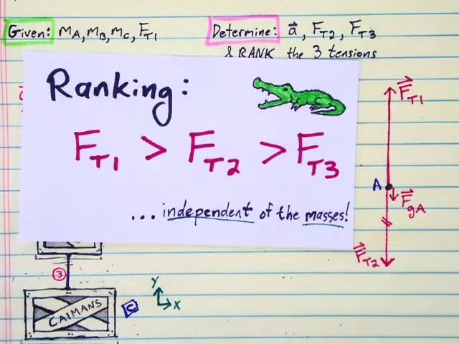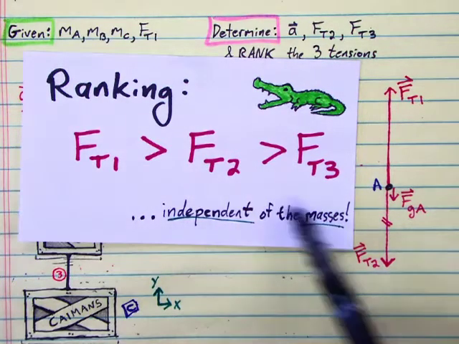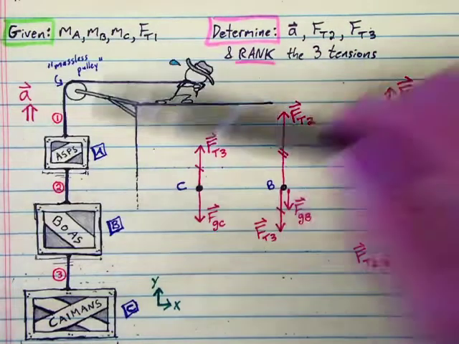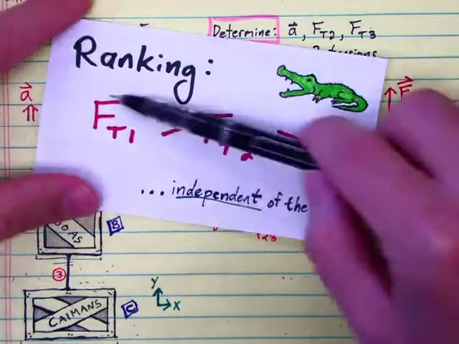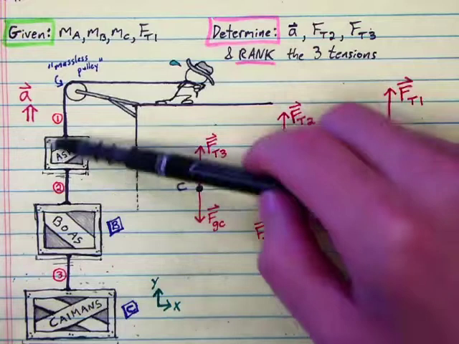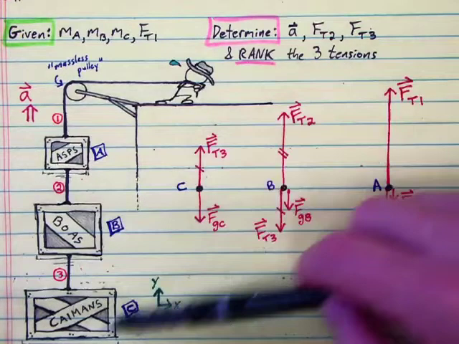So we've got our rankings, and notice that we did not say anything about the masses of the crates in figuring this out. This is independent of the masses. It doesn't matter which of these is the heaviest. We can understand that by recognizing that it's tension 1 right here, this rope, that ultimately is responsible for hauling upwards all three of those crates.